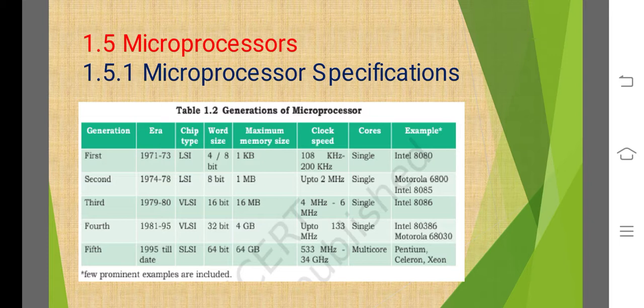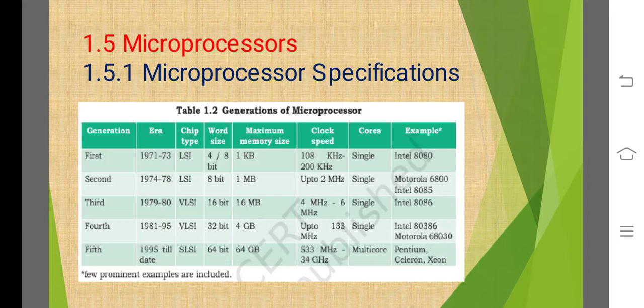These days, a microprocessor is built over an integrated circuit comprising millions of small components like resistors, transistors, diodes, and so many things connected with this microprocessor. See in this diagram, the generation of microprocessor is given here.